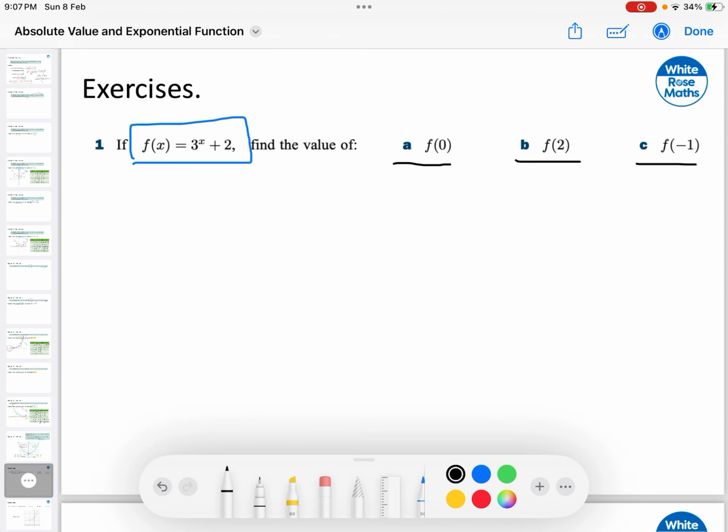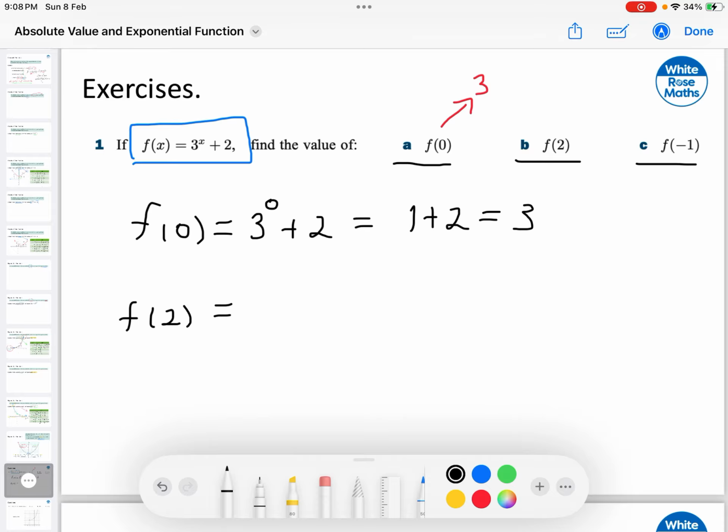So let's see if we can solve this together. The first thing is we would like to evaluate the function at 0, and we would like to know what the answer will be. So this is 3 to the power 0, plus 2, meaning that this is 1 plus 2, which equals 3. So for the first one, this has a value of 3.